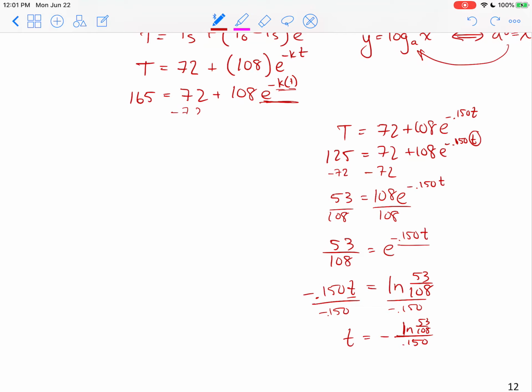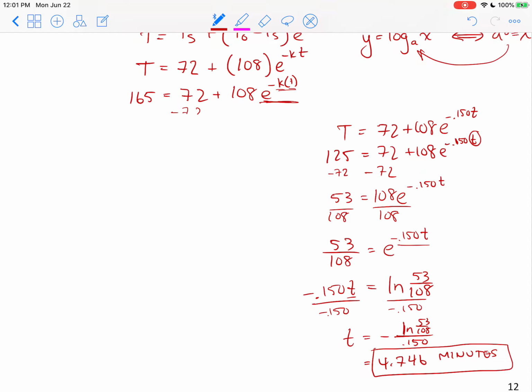So we have negative ln of 53 divided by 108, divided by 0.150, and that gives me 4.746. So you want to wait that many minutes before you give customers their coffee from the pot. Otherwise, they might burn themselves.